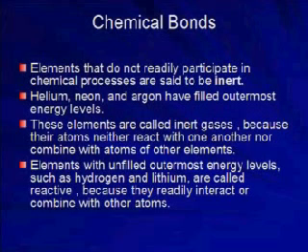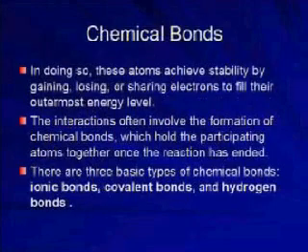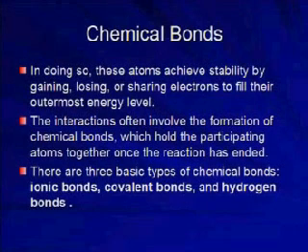Elements with unfilled outermost energy levels, such as hydrogen and lithium, are called reactive because they readily interact or combine with other atoms. In doing so, these atoms achieve stability by gaining, losing, or sharing electrons to fill their outermost energy level. The interactions often involve the formation of chemical bonds, which hold the participating atoms together once the reaction is ended.